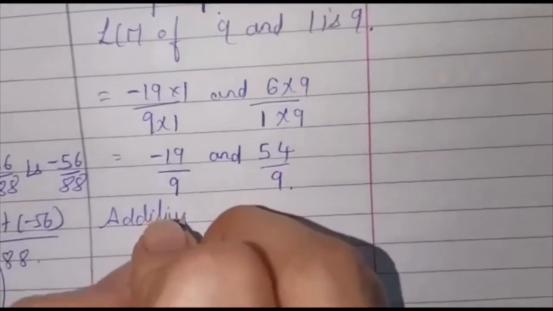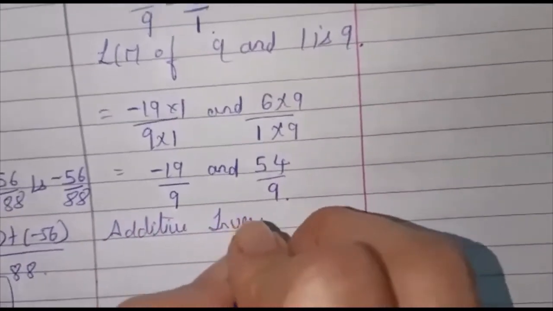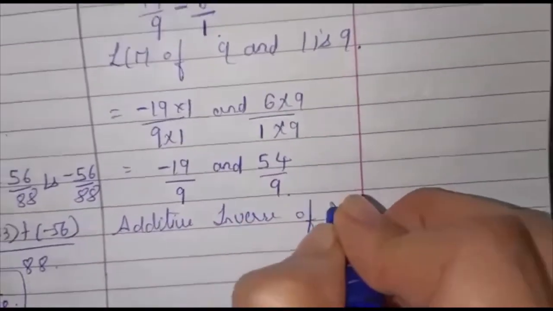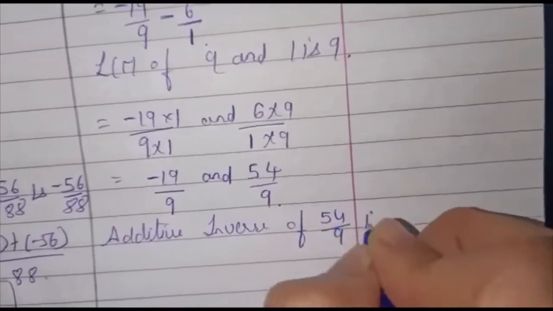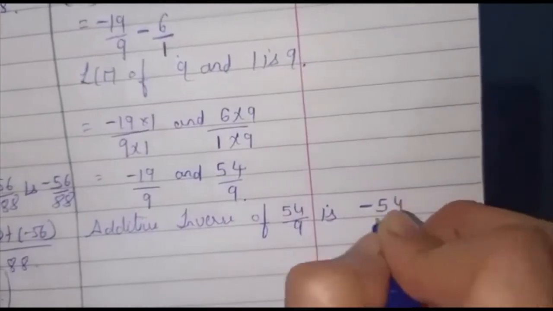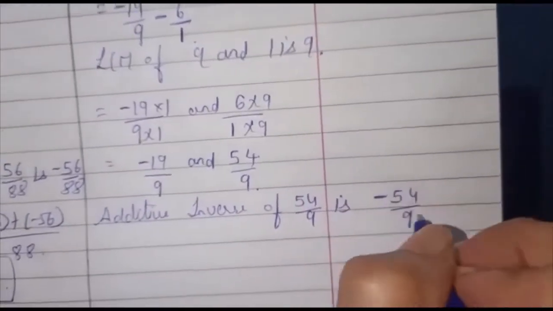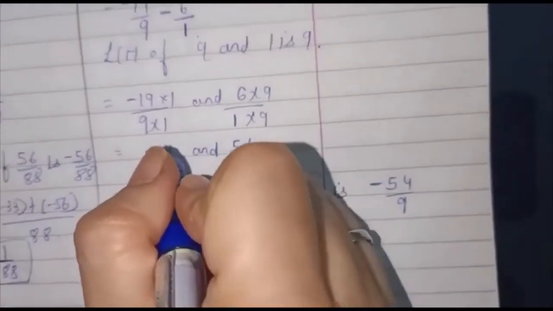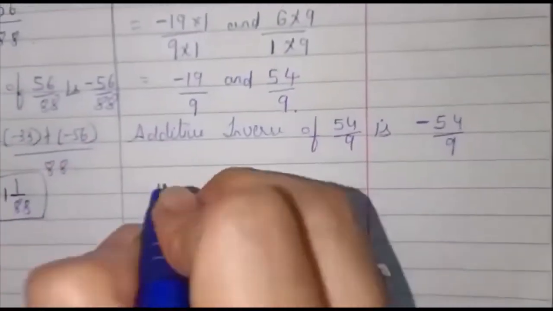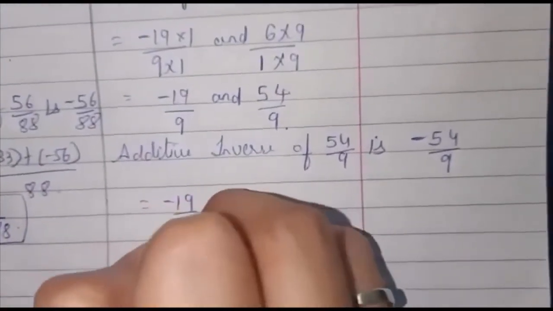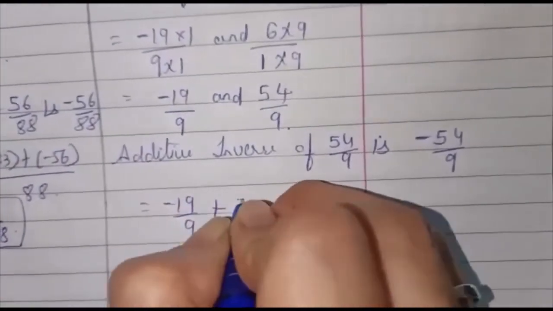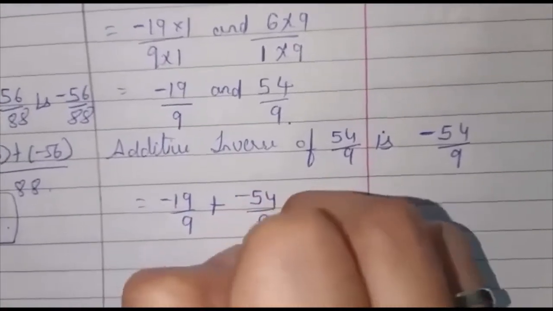So additive inverse of 54 upon 9 is minus 54 upon 9. And now this we need to add with minus 19 upon 9. So minus 19 upon 9 plus minus 54 upon 9.